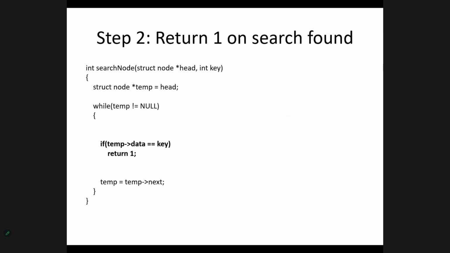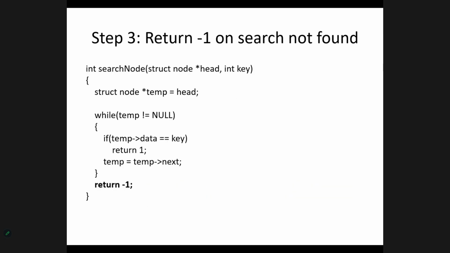Okay, now let's look at the last step, right? So return -1 on search not found, right? So this is the complete code. This is the search node function, right? So we will input the linked list as well as the key to be found, right? So basically we will create a temp node and assign the head value and then traverse through the linked list.